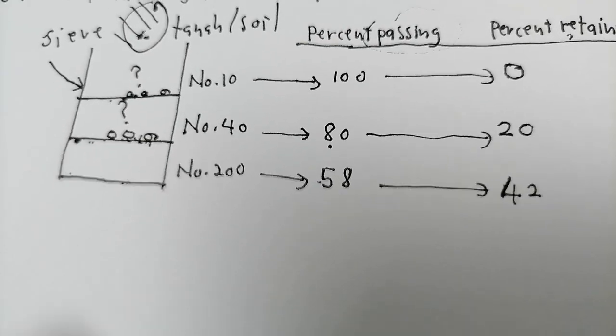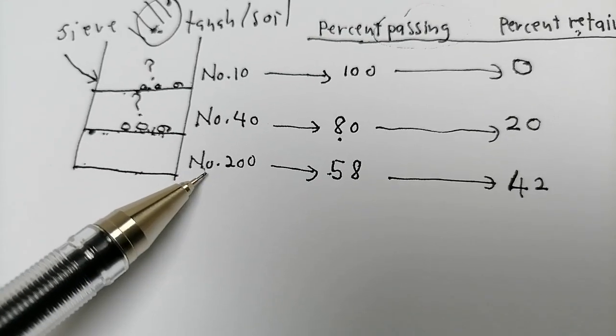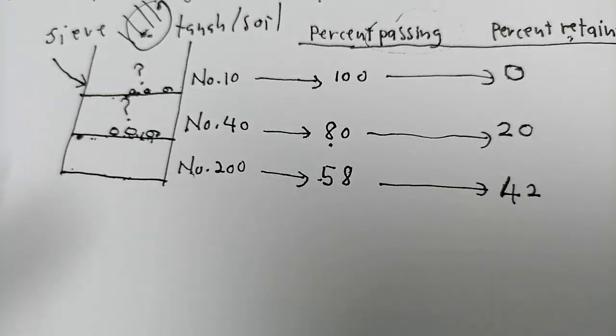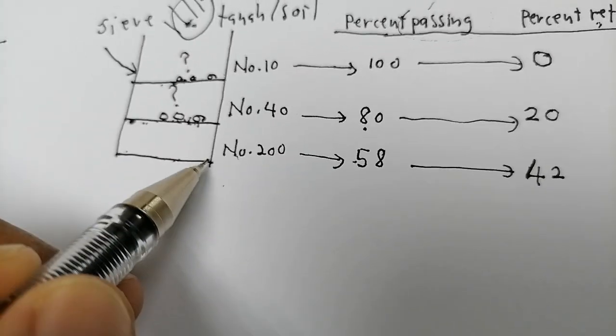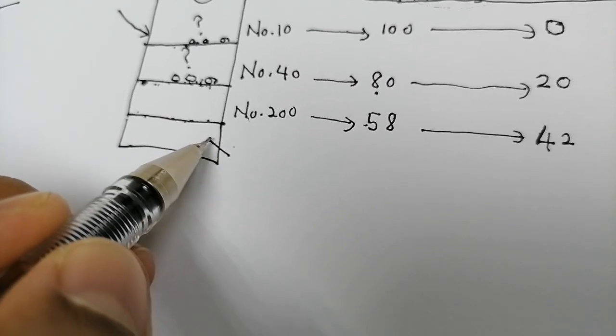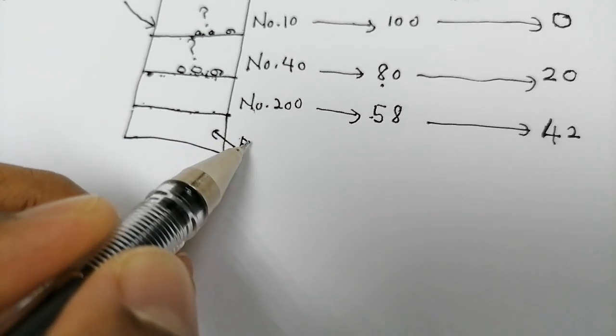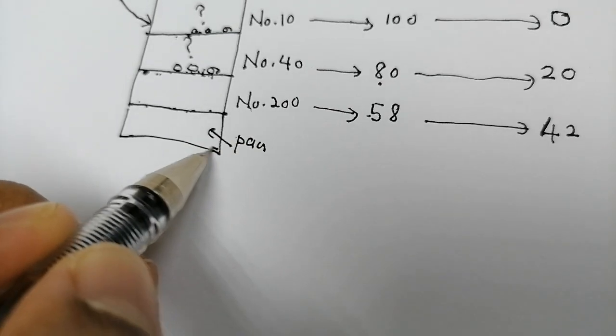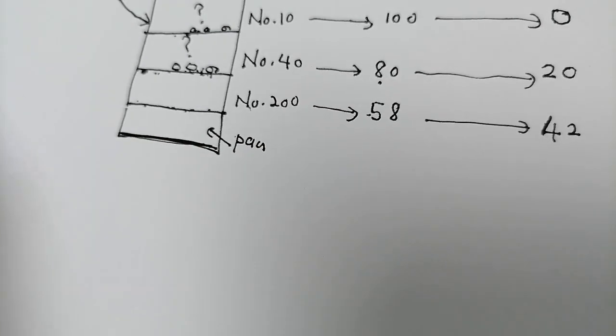So same goes to sieve number 200. 58% akan melepasi sieve number 200. Okay, yang last sekali, the final layer is pan, di mana dia tak ada bukaan. It's just a pan.